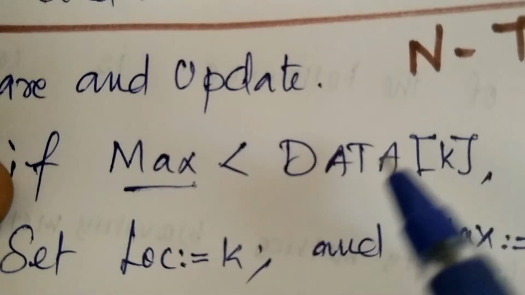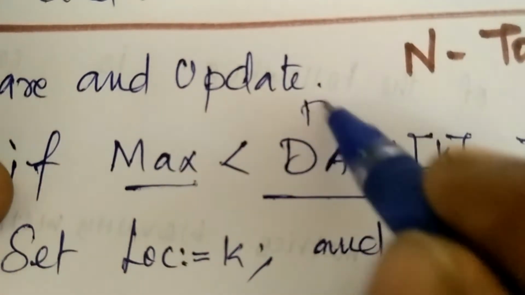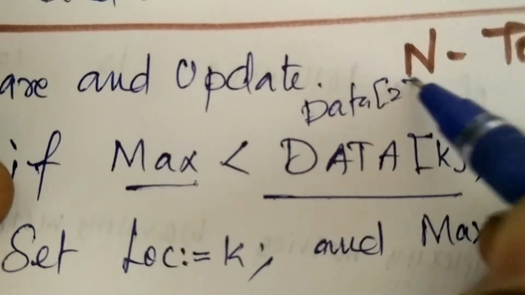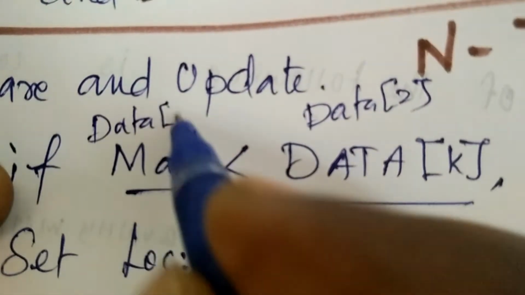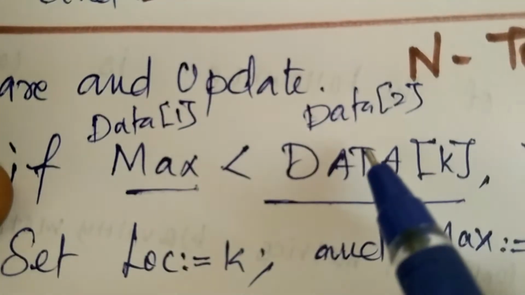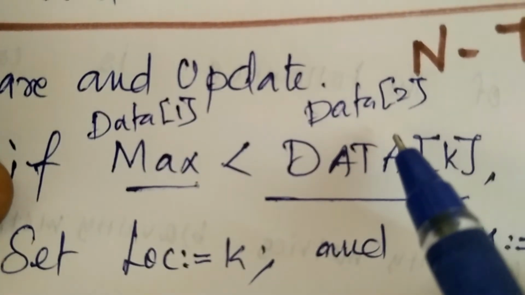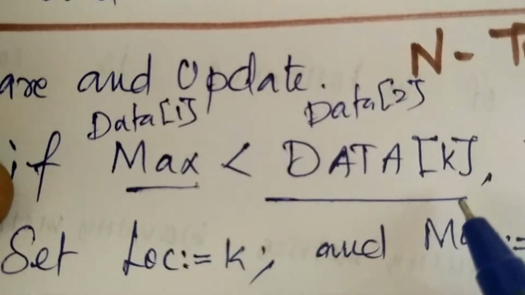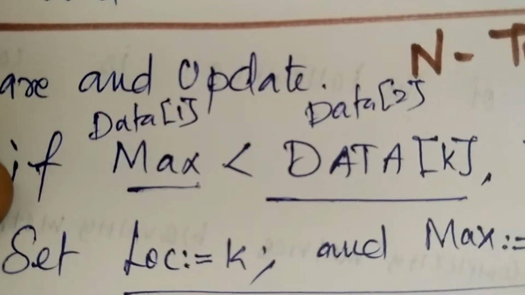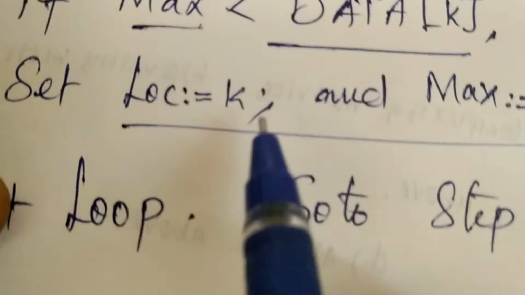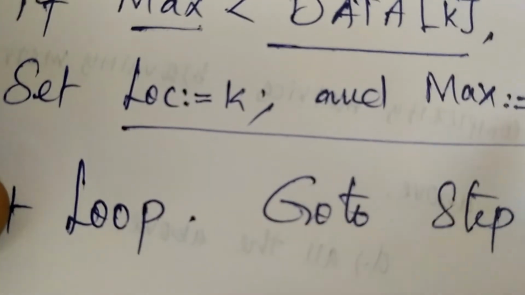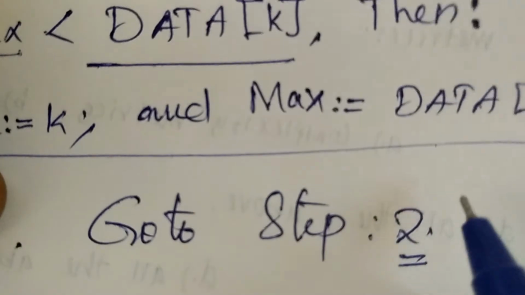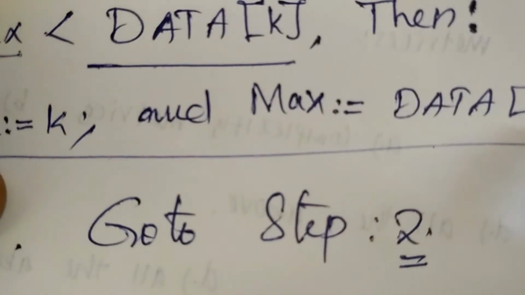This is algorithmic analysis. Here data of 2. Already we assigned the maximum as data of 1. They are comparing. If the second element is greater compared with 1, you have to assign the location as k and the maximum that is equal to data of k.